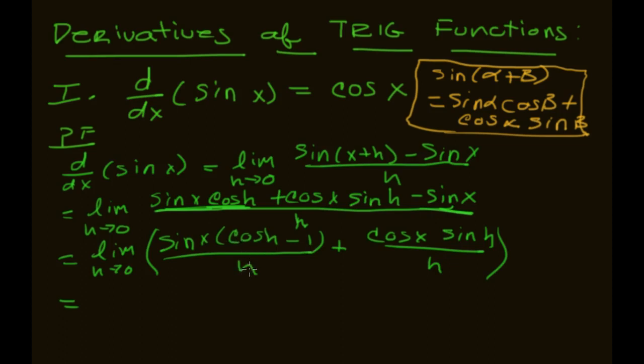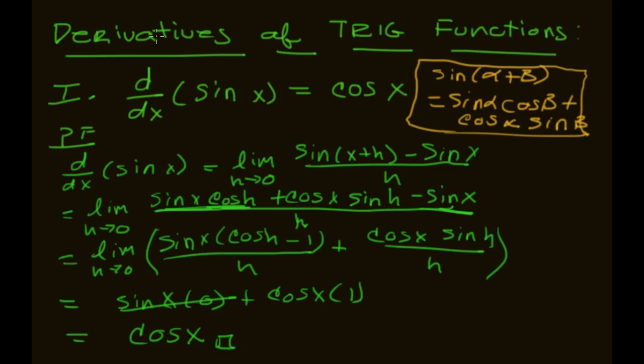The x isn't moving as h is moving, so this is sine of x times 0. Then the limit as h approaches 0 of sine of h over h is the other one we have memorized. That's 1, so that's cosine of x times 1. The first part goes to 0, leaving me with cosine x.